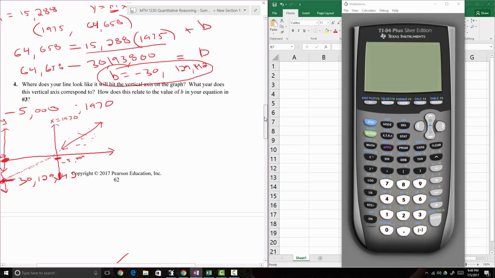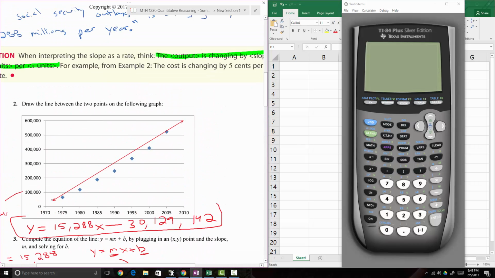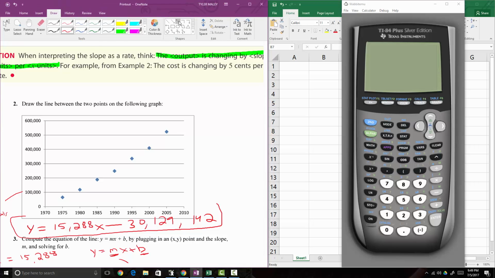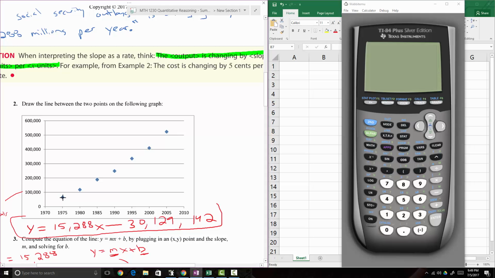Oops, did not mean to do that. I don't think it's going to let me fix it, and that's going to bug me, so let me redo it. I'll try to get it as exact as I can. All right, that's pretty good. There's our line going through the first and the last point.